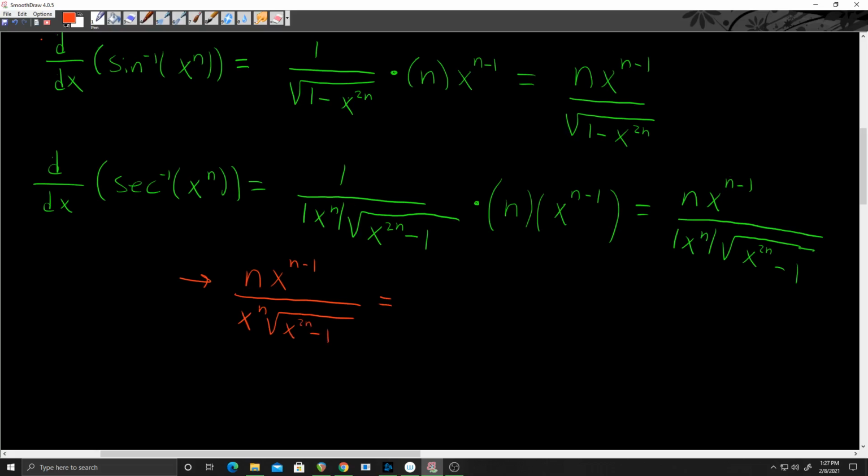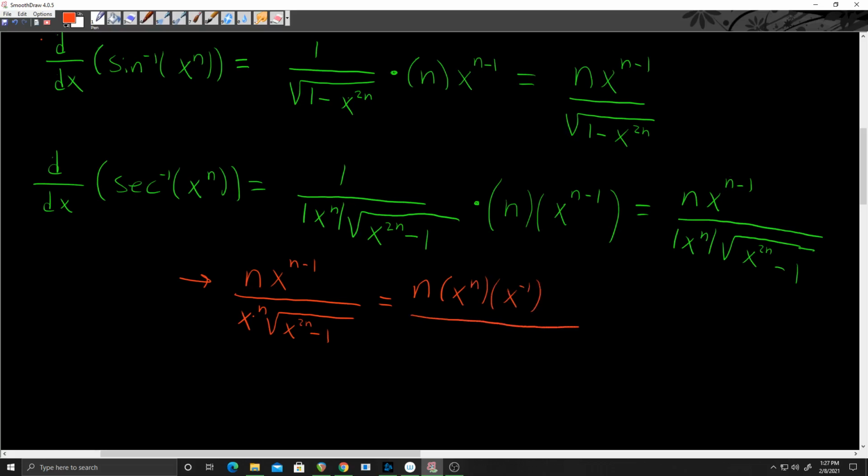Okay, now look here. The power of x here is larger downstairs. This is n minus 1 and this is n. And so we can actually use this to our advantage. Let's manipulate a little bit more. Let's use law of exponents. So x to the n minus 1 is the same thing as x to the n multiplied by x to the minus 1.